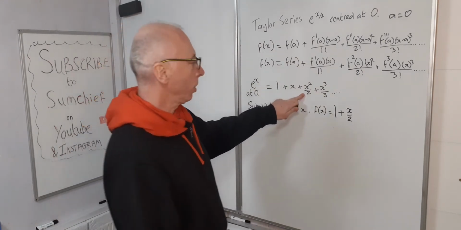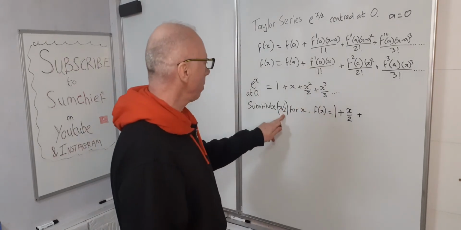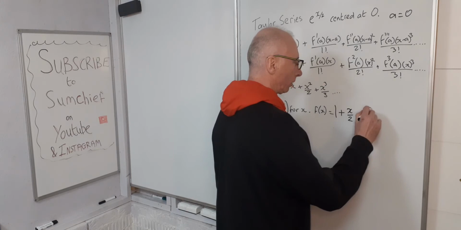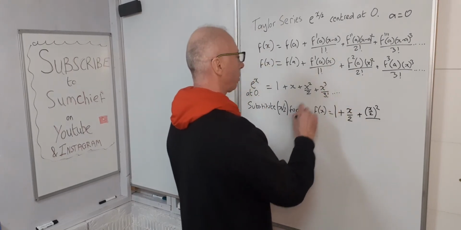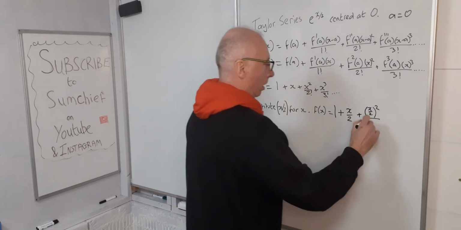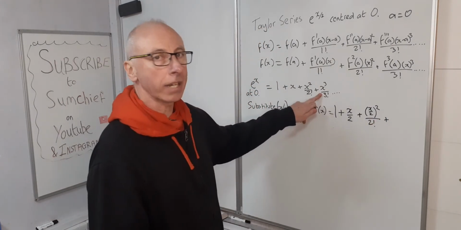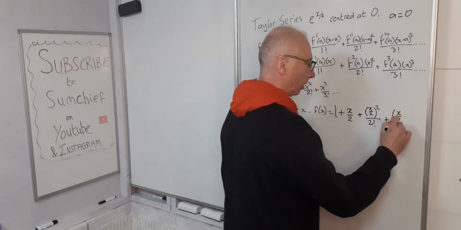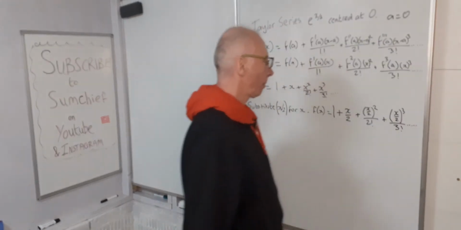Then x squared over 2factorial. Now a little bit more tricky how we write this. For x squared, we want x over 2 squared in the numerator, and then over 2 factorial. Plus x cubed, so x over 2 cubed, over 3 factorial, so on and so on.